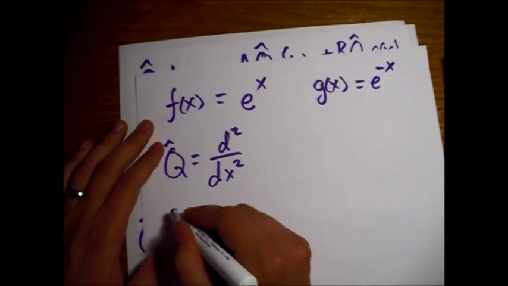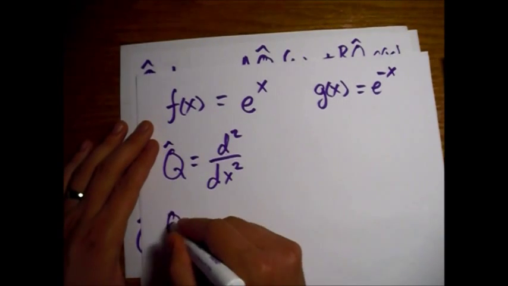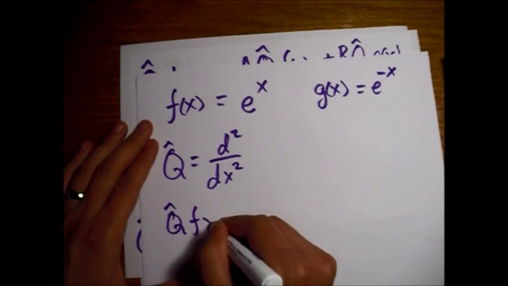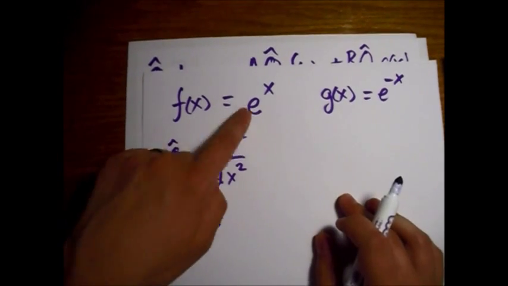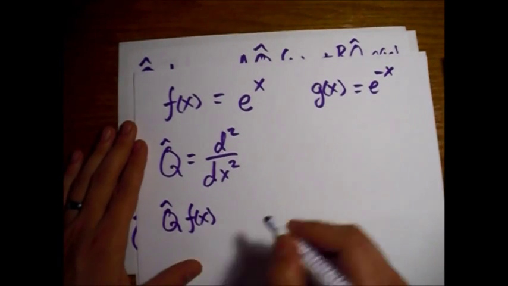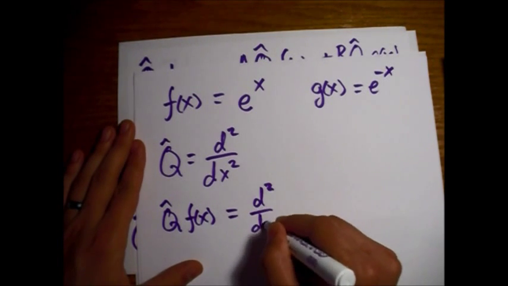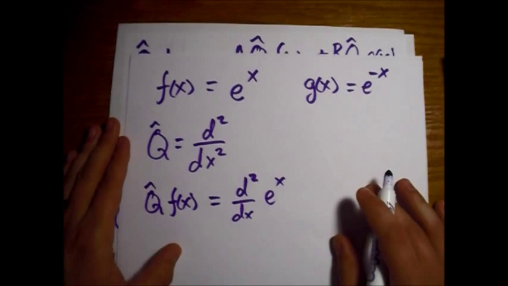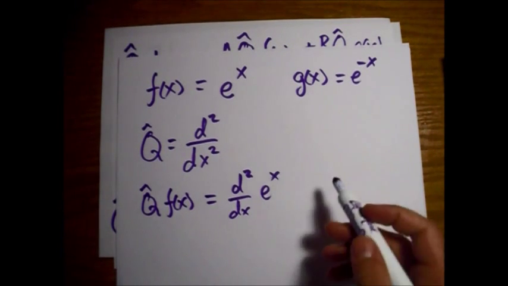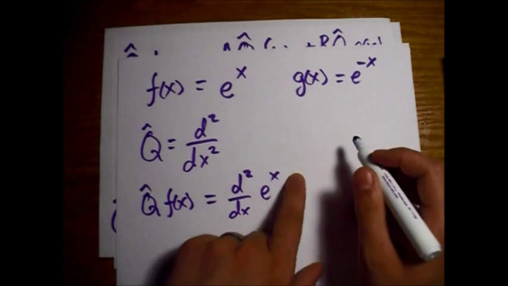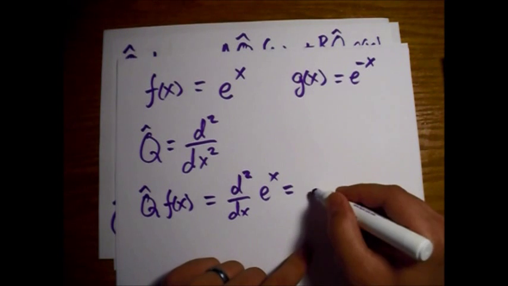Let's just look at this operator acting on f first. That's just the second derivative with respect to x of e to the x. Take one derivative, this stays the same. Take another derivative, it stays the same again.